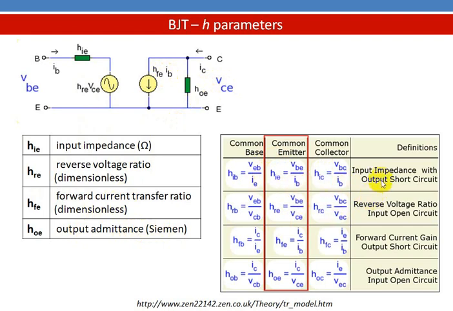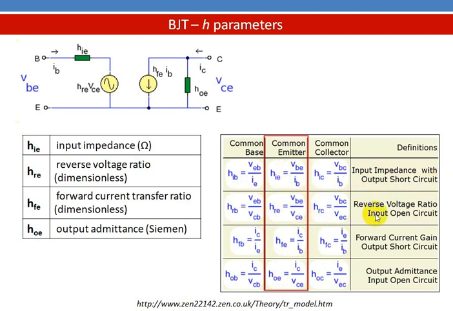Here HIE and HFE we can measure by short circuiting the output terminals, whereas HRE and HOE we can measure by open circuiting the input terminals. For HIE, short circuit the output, measure VB and IB, and obtain this ratio.